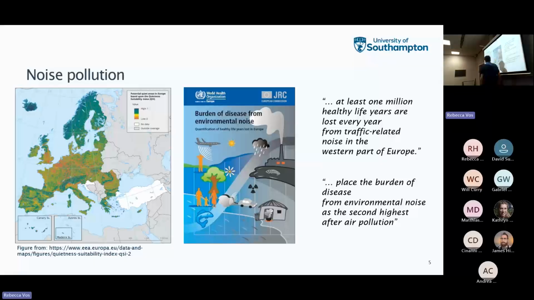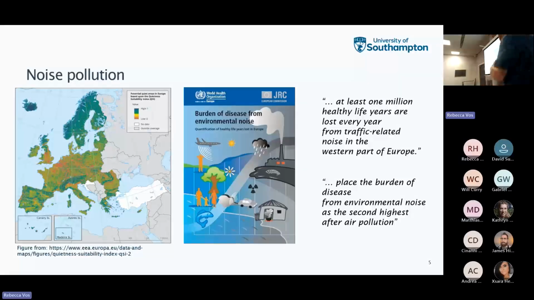Also, in this figure on the left, you can see the impact of noise on Europe. So this is the European Economic Area. I guess this figure was made before Brexit, because the UK is still in here. But you can see that all the red points on the map are basically places where it's almost impossible to find quiet zones where you can actually be relieved of the burden of noise.